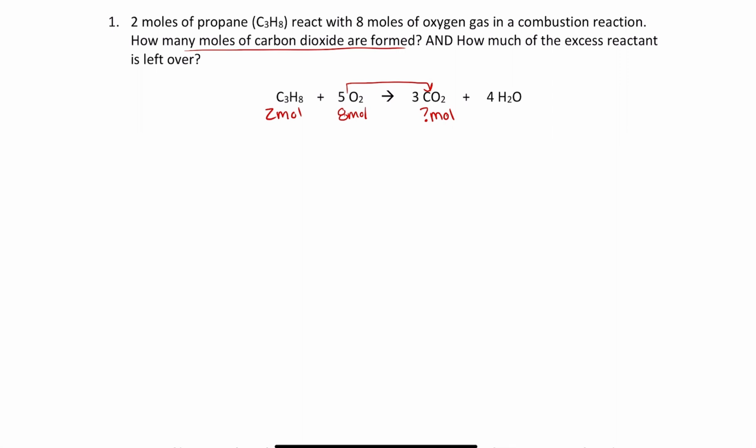This is going to tell me what the theoretical yield of carbon dioxide will be if I start with 8 moles of oxygen and I have endless amounts of propane. Then I'm going to do a second stoichiometric calculation from propane to carbon dioxide. This will tell me how much carbon dioxide I can produce from 2 moles of propane if I have endless amounts of oxygen.